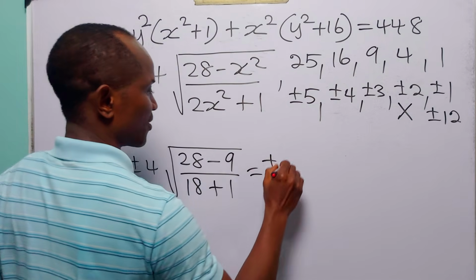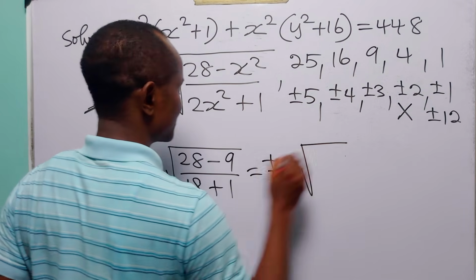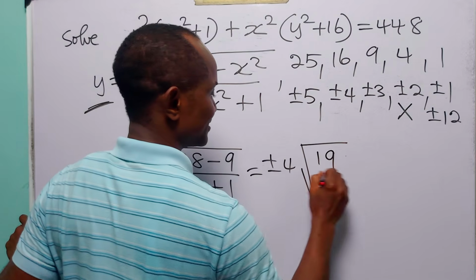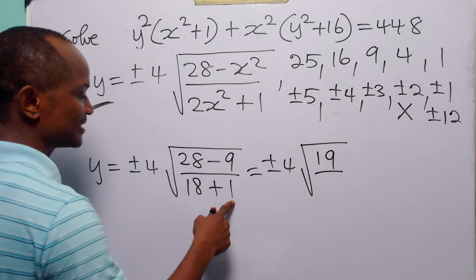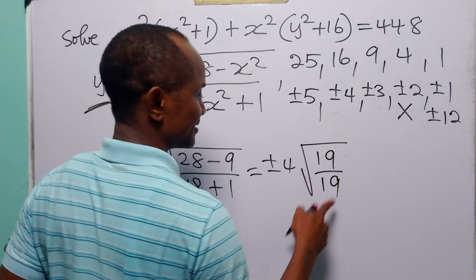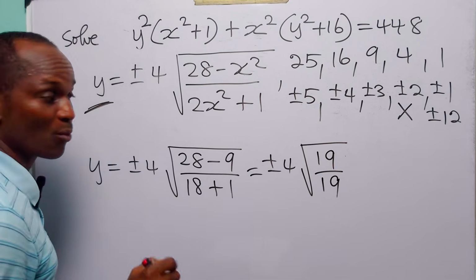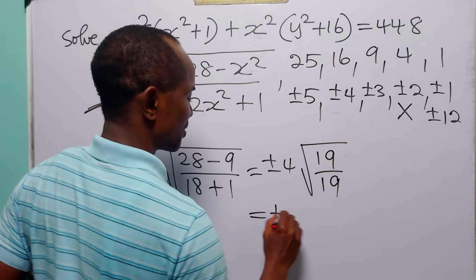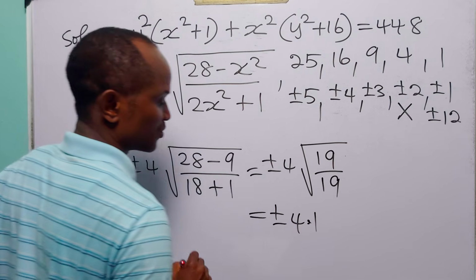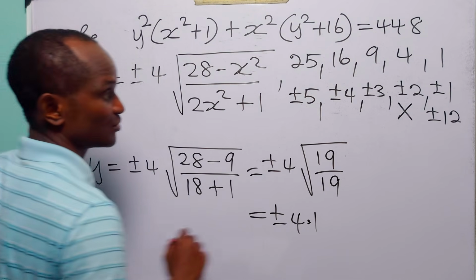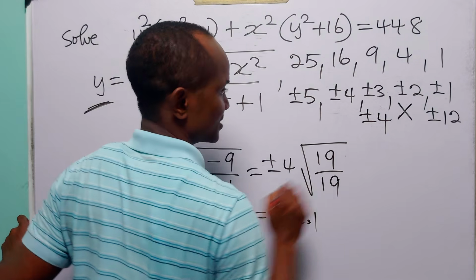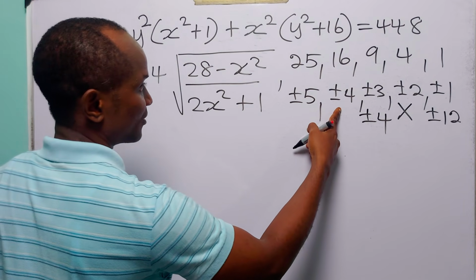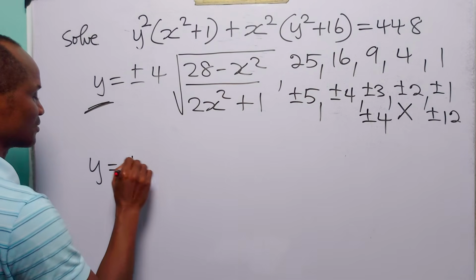This is plus or minus 4 times the square root of 28 minus 9 is 19, divided by 18 plus 1 is 19. 19 over 19 is equal to 1. So we have that y is equal to plus or minus 4 times 1, which of course is equal to plus or minus 4.